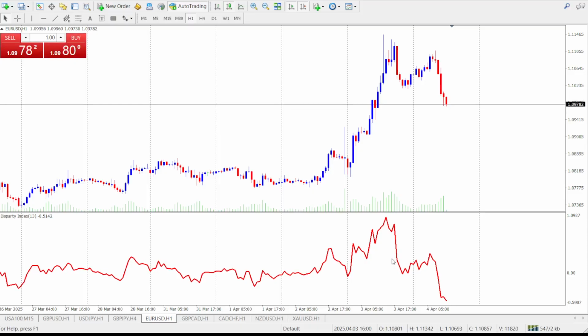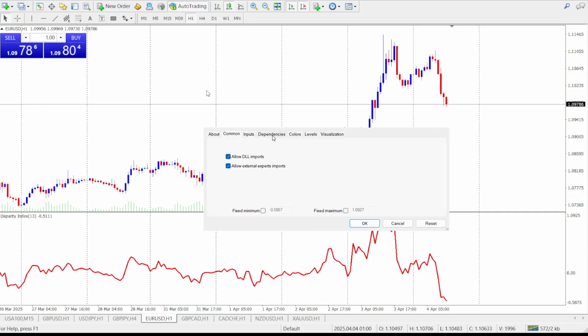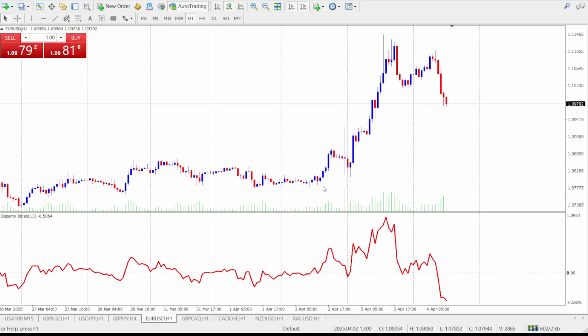When the indicator line jumps above the zero mark, we can just make that zero mark visible. So when the indicator line jumps above the zero mark, it signals a bullish trend.